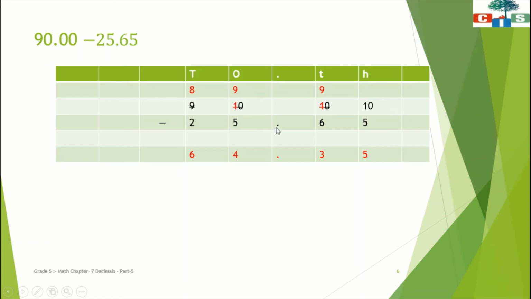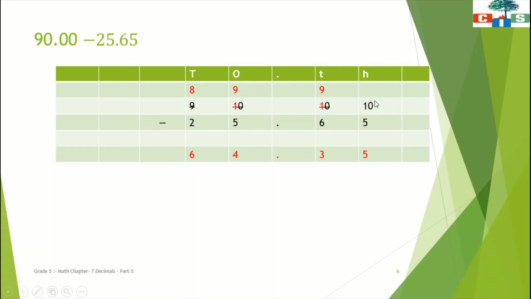Okay, now scholars, the digit at the tenths place, which is 0, can easily borrow from ones, because here we now have 10. Okay, so when I borrow from this ones place, that is from 10, 10 will be reduced by one and it will become 9, and the digit that is at tenths place, which is 0, will become 10.